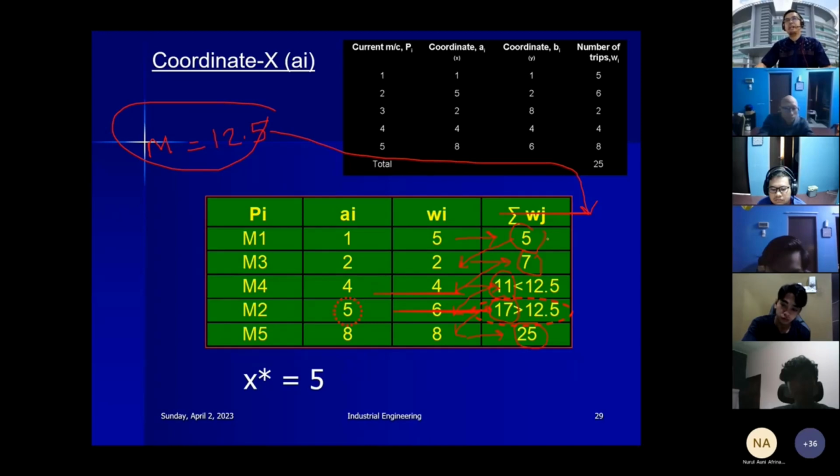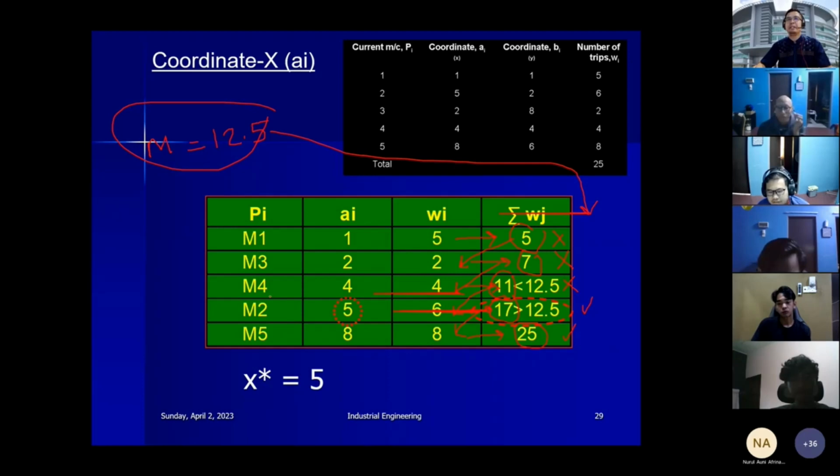Is 5 more than our median? No. Is 7 more than 12.5? No. Is 11 more than 12.5? No. Is 17 more than 12.5? Yes. Is 25 more than our median? Yes. So which one is first come, first serve?